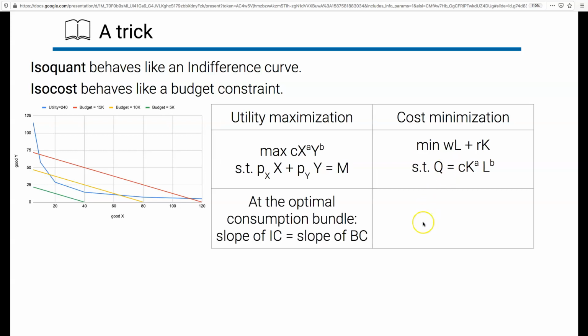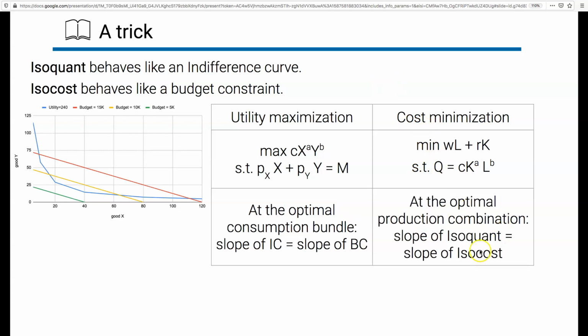What does it entail? We know that for the consumer, in the optimal consumption bundle, the slope of the indifference curve has to be equal to the slope of the budget line. They have to be tangent to each other. So to maximize utility, find an indifference curve that's tangent to the budget line. Well, it turns out that for the cost minimization problem, the optimal condition is exactly the same.